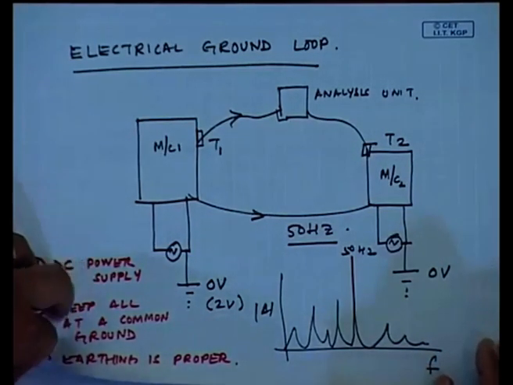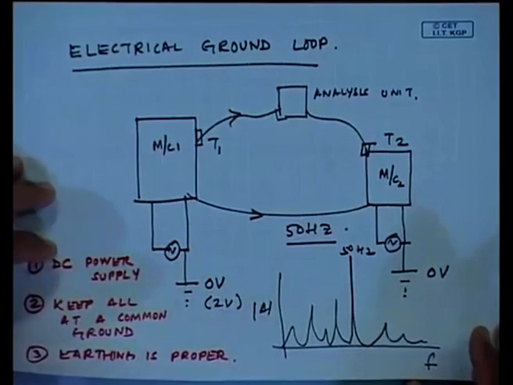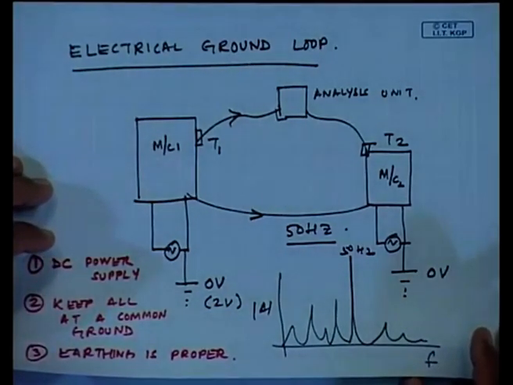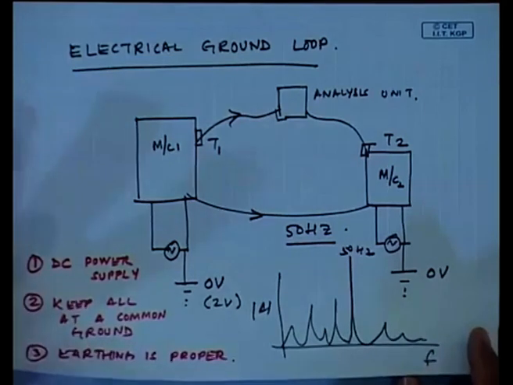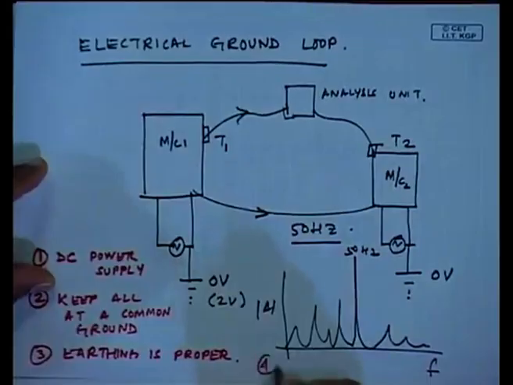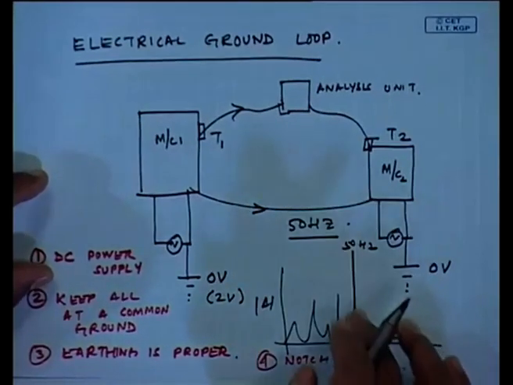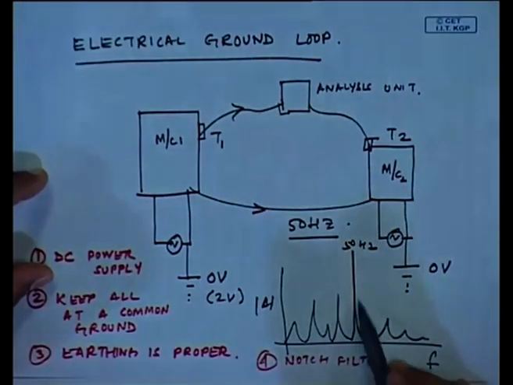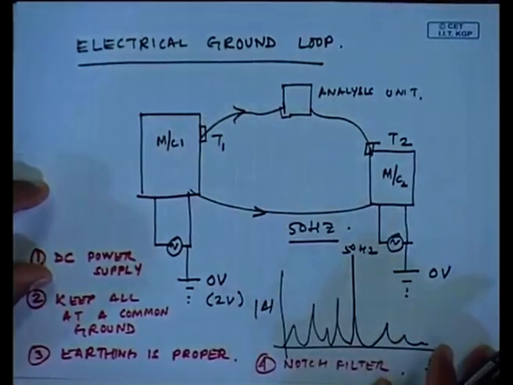So, this could be handled by having a proper intermediate element which is a signal filter. The next one, number 4, is a notch filter. That means, from the signal it is going to remove the 50 hertz component. Okay, so, the 50 hertz effect will be removed.